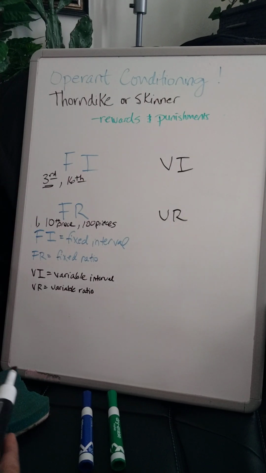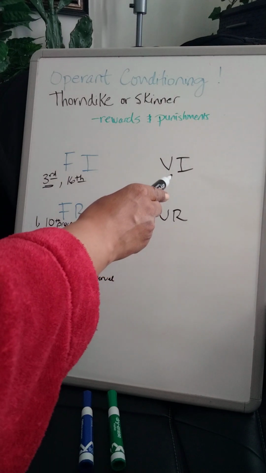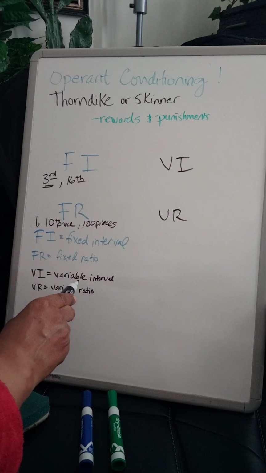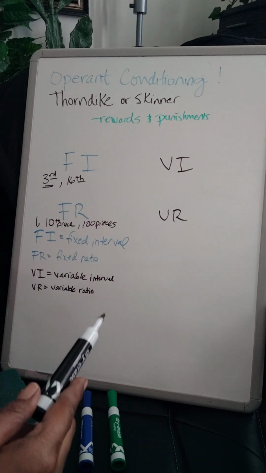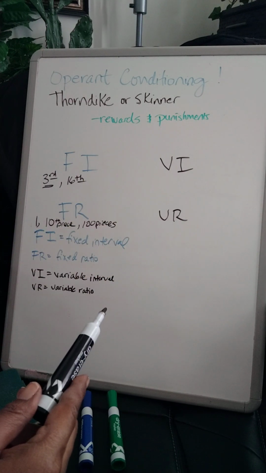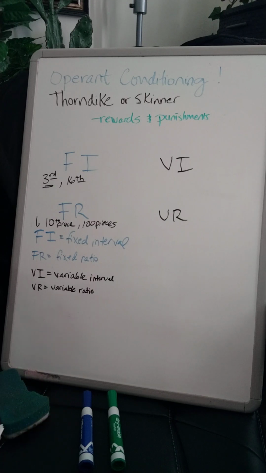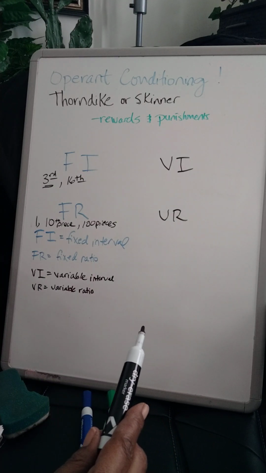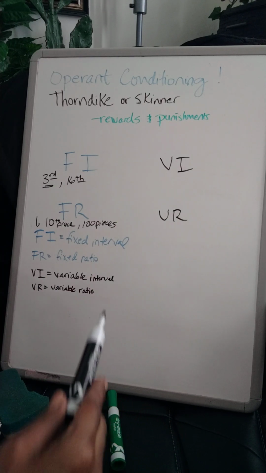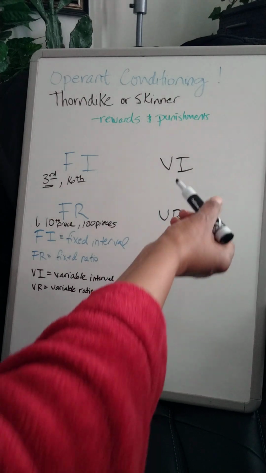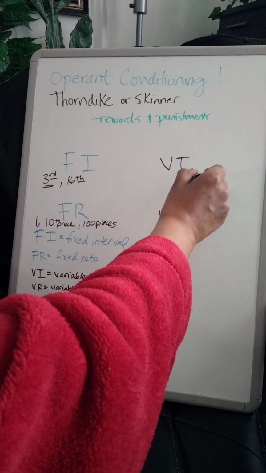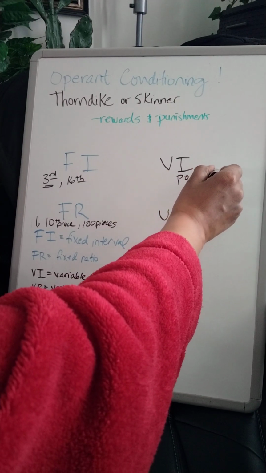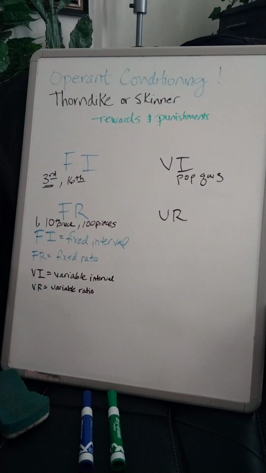Now let's look at variable interval. Variable interval is reinforced after a variable amount of time, as long as the behavior is emitted at least once during the interval. Example: a pop quiz. How does a pop quiz work? Do you know when it's given? No, you don't know. That's why it's called a pop quiz.